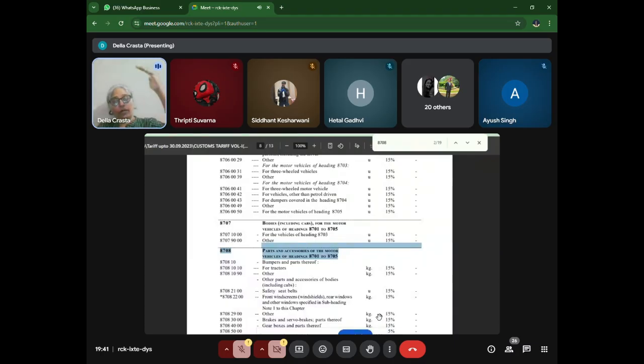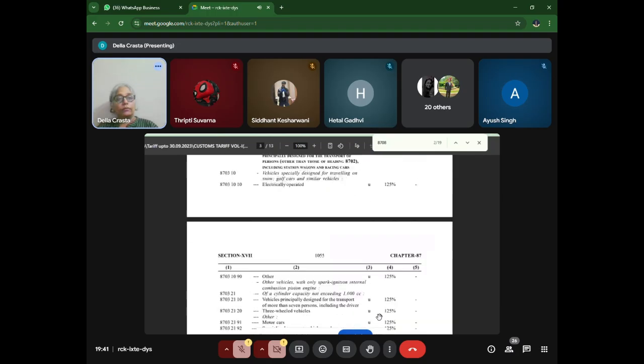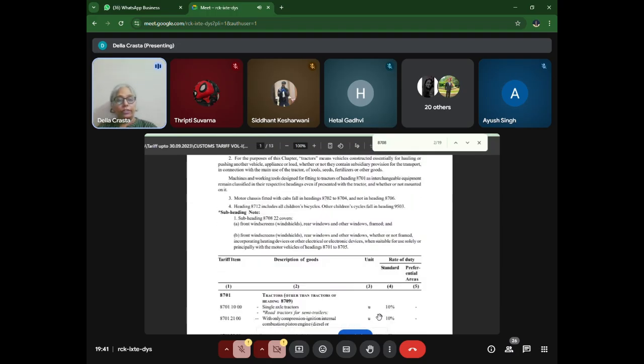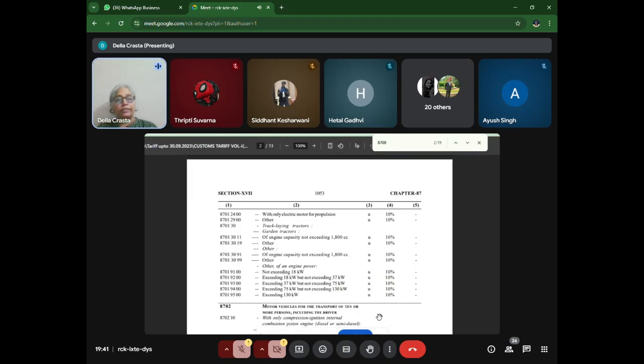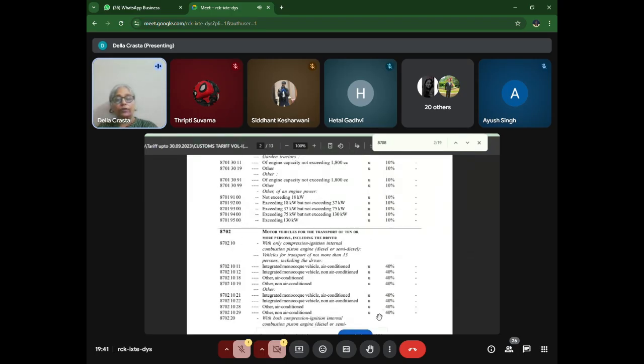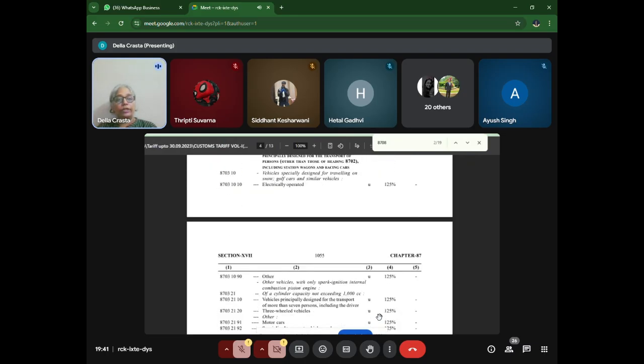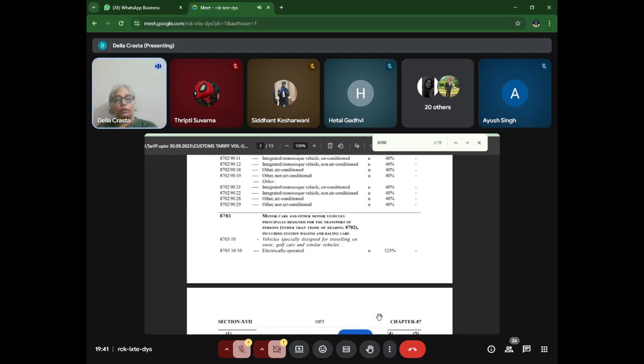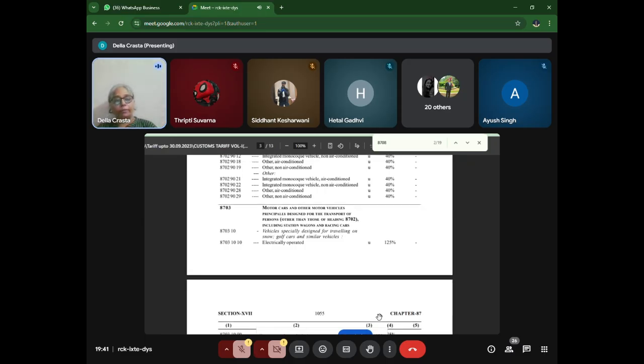Now, 8701 to 8705, if you see, 8701 is tractors, 8702 is motor vehicles for the transport of 10 or more persons, 8703 is motor cars and other motor vehicles for the transport of persons other than those of 8702, which was mentioned as more than 10 persons. Maybe this will be applicable for less than 10 persons.